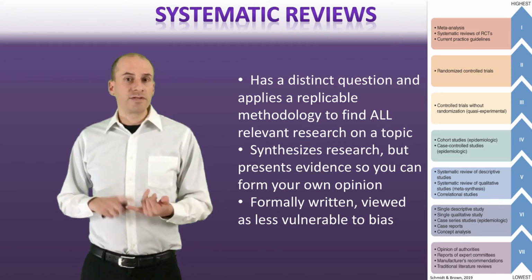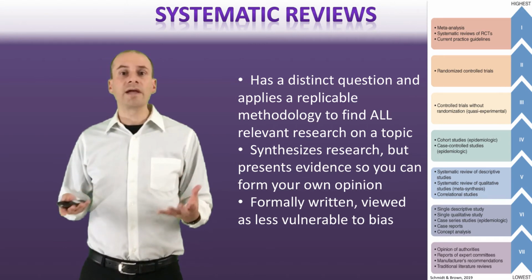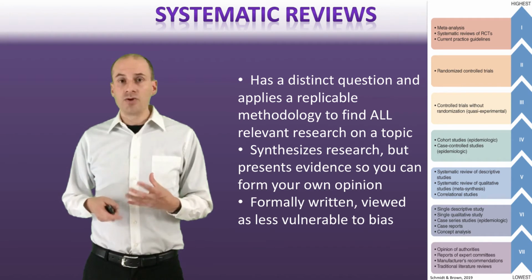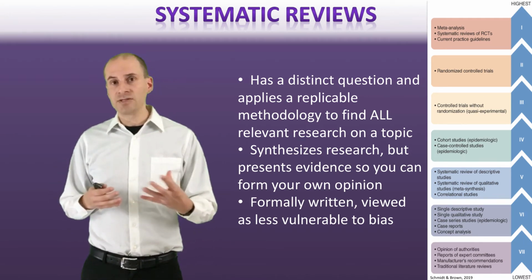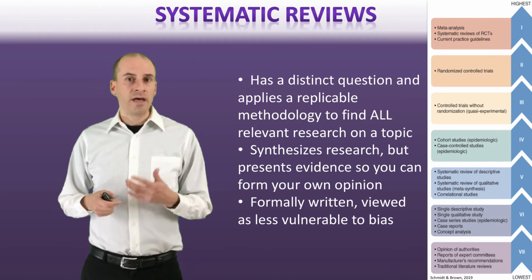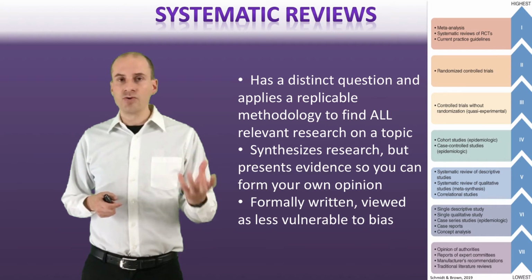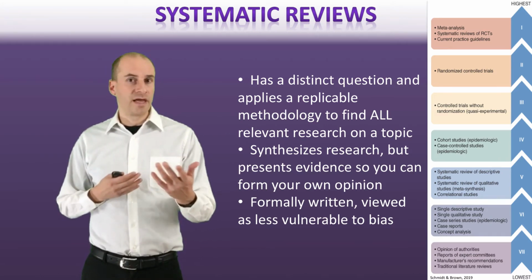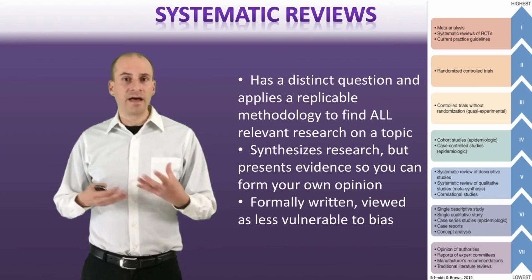So for systematic reviews, essentially what's happening is you create a distinct question that's relevant to healthcare, and then you have a replicable methodology for how you identify papers that address that question, and you're very clear about how you did your search to find papers, why you excluded or included different types of papers, and how you analyze and combine that information.